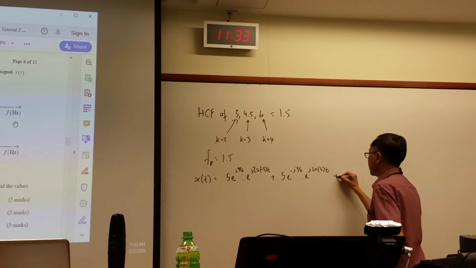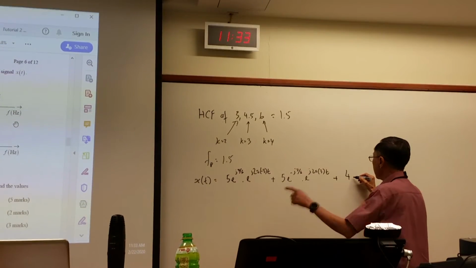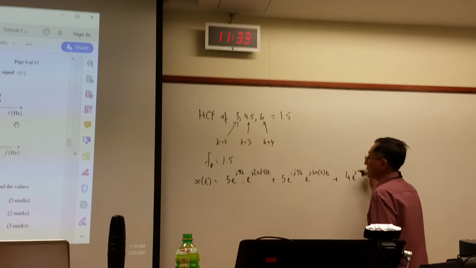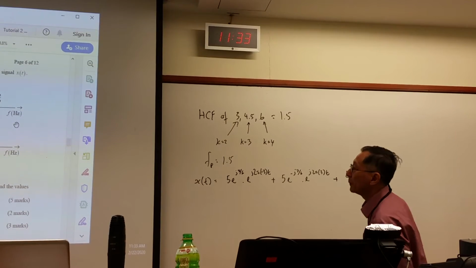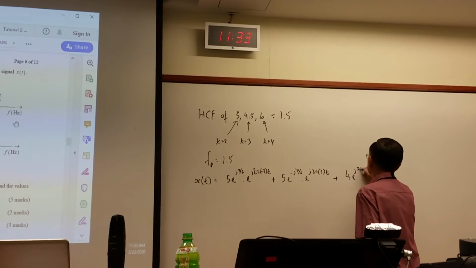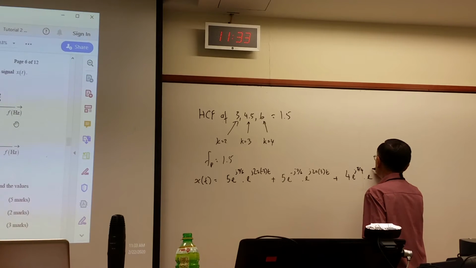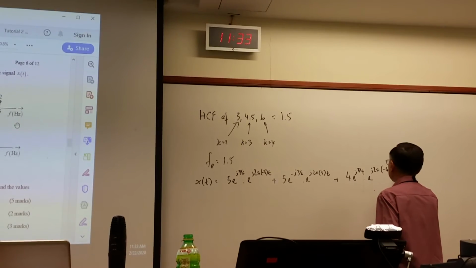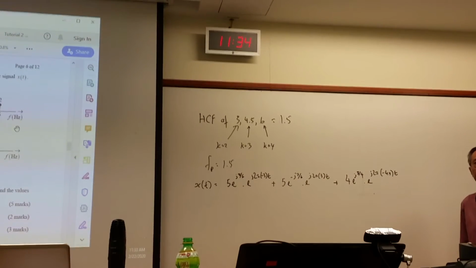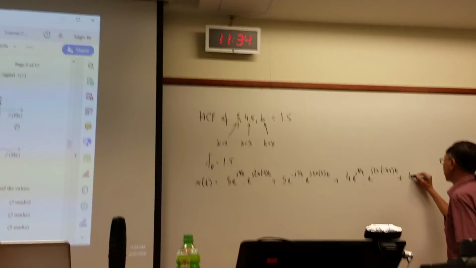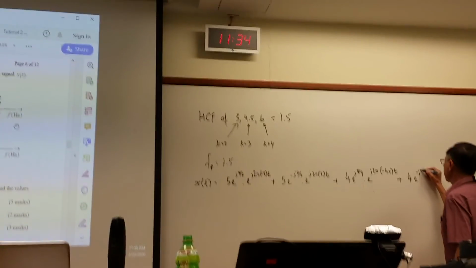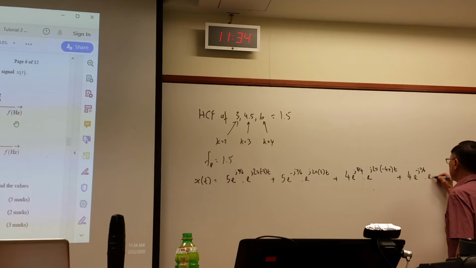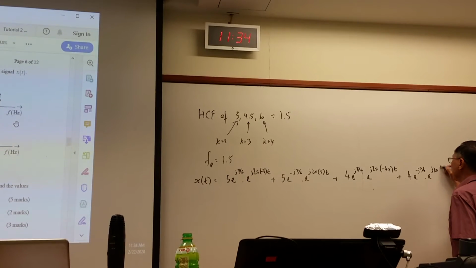So the second one is 4 e to the j pi over 4 times e to the j 2 pi minus 4.5 t, plus 4 e to the minus j pi over 4 e to the j 2 pi 4.5 t.